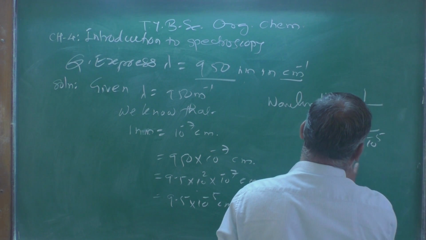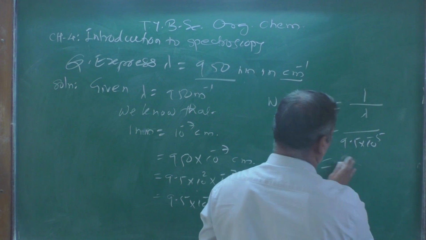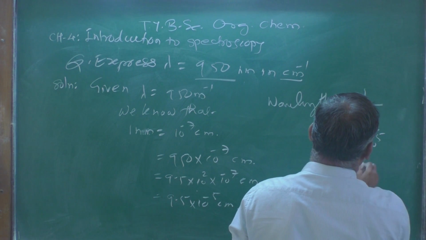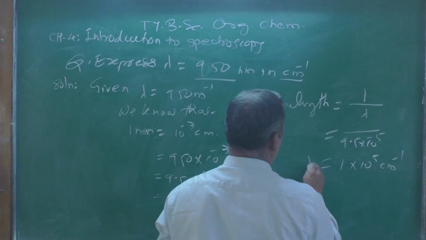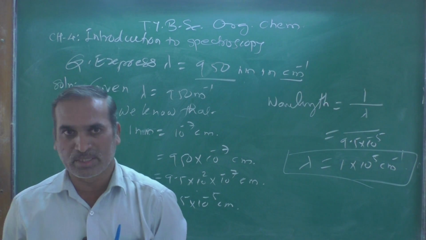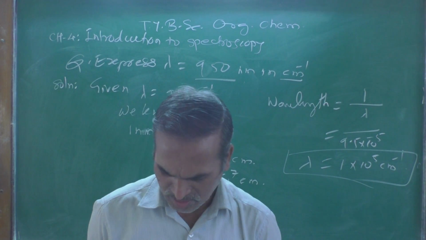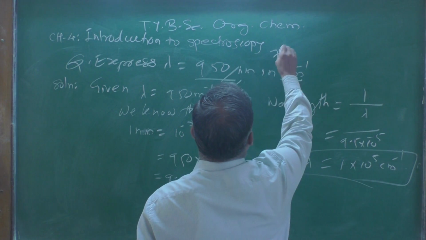Taking 9.5 as approximately 1, we get 1 into 10 raised to 5 per centimeter. That is the value, approximately, not exactly.